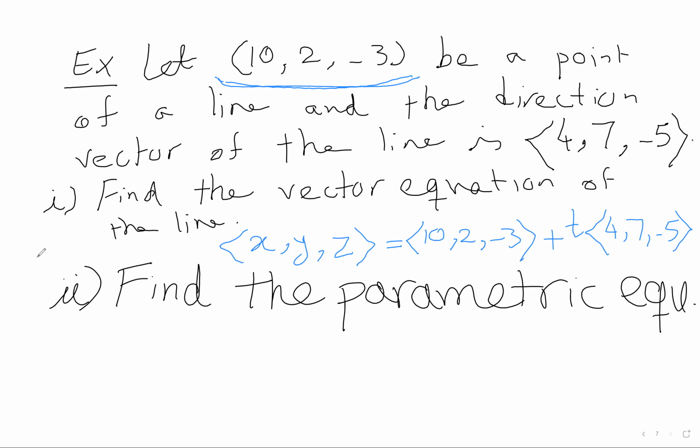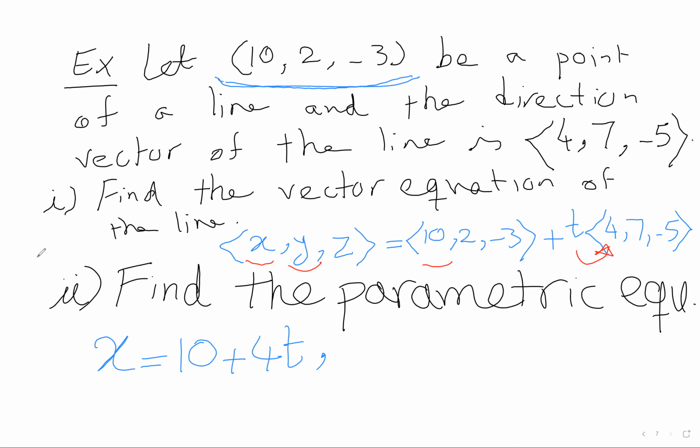Using the vector equation, I can see that x is 10 plus t times 4, or a better way to write that, 4t. How about y?